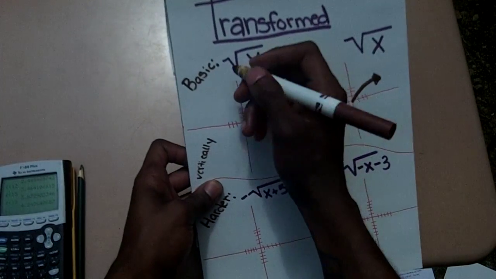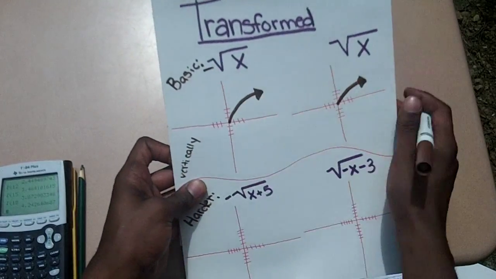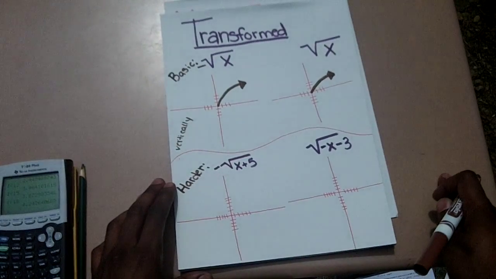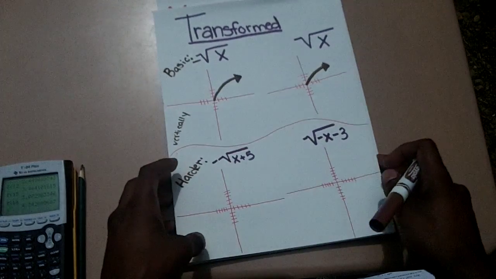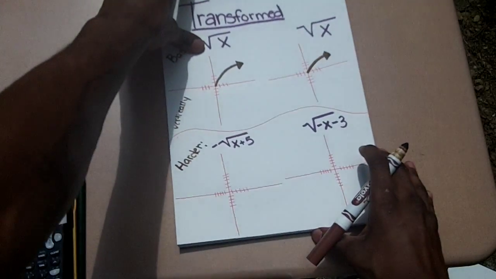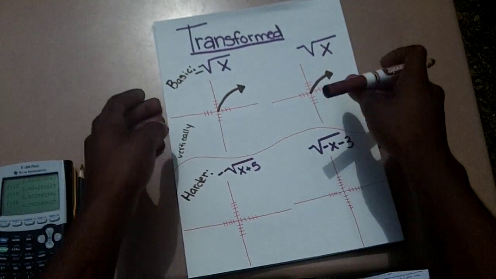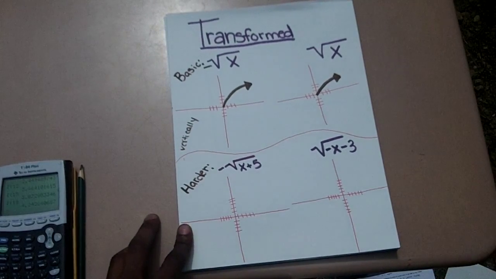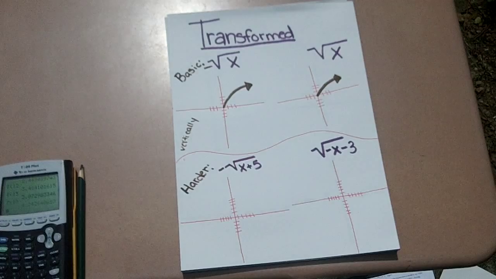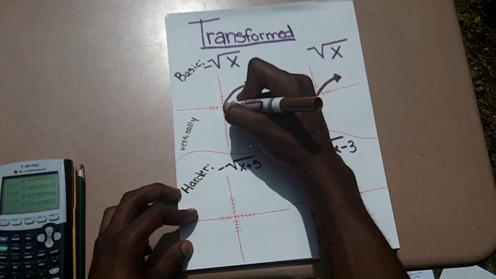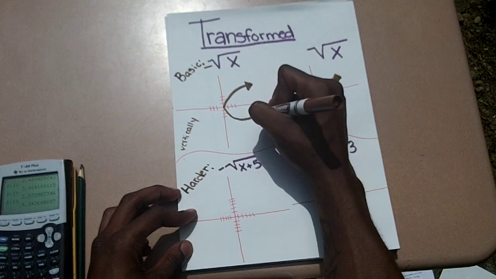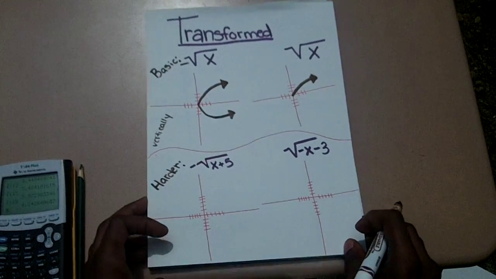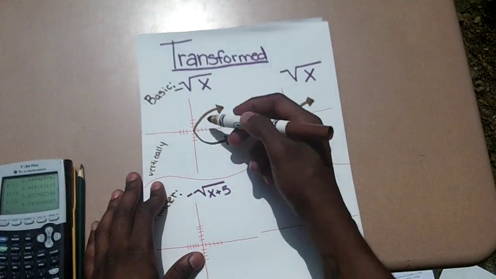Therefore, my function would be negative square root of x. And when you flip something vertically, it's flipping along the vertex, the asymptote, or the center point. And my vertical flip will look something like this. It's like a mirror image vertically.